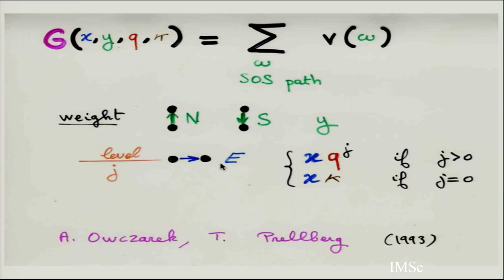Now when you have a level step E, this gives you an x, and then it depends on the level. If E step at level j, you put q to the power j. So this will take account of the area below the path. And moreover, if the level is 0, you put a kappa, meaning the contact of the path with the surface.